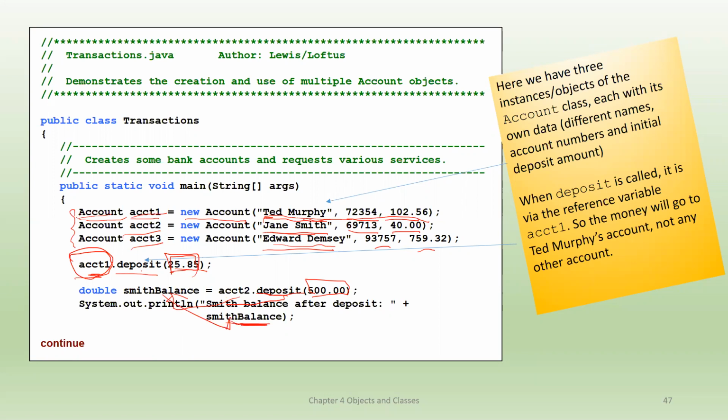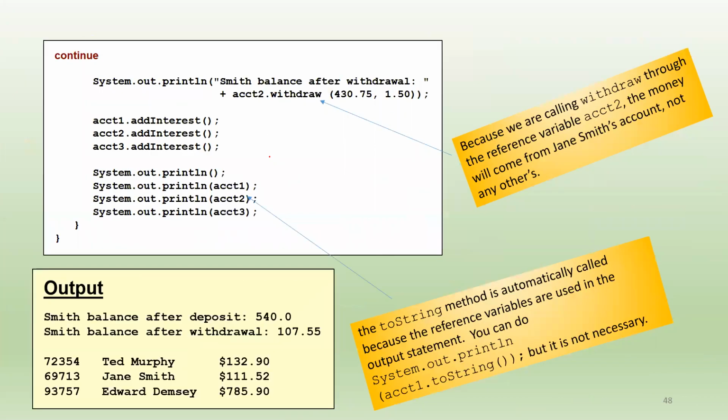Then you withdraw: you gave some money to account 1, but you withdraw some money from account 2. This is the money amount you want to withdraw. This is the fee. We will look at the class, but you add interest, calling add interest for all 3 objects, and then you print out account 1, account 2, account 3.